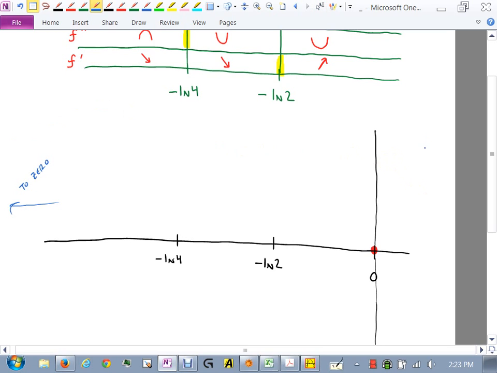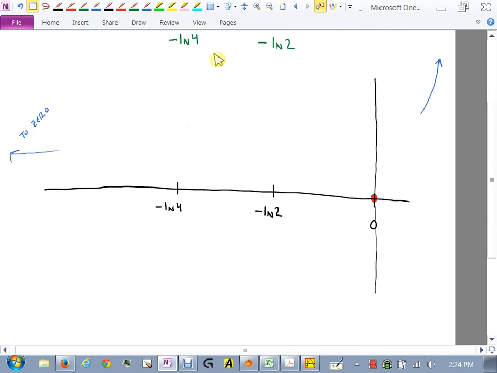What did it do? It's supposed to go up to infinity. So just keep that in mind as we draw this, okay? Now, what am I supposed to do? I want to get a picture, but what am I supposed to do to get this picture? Plug these points in to the original function.